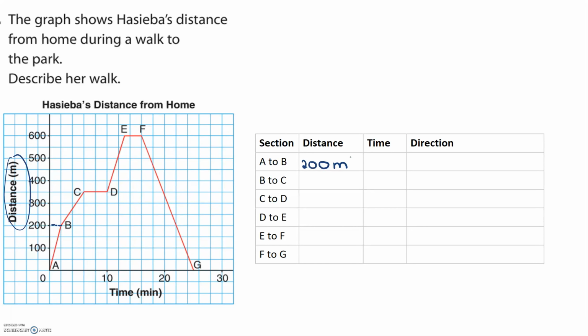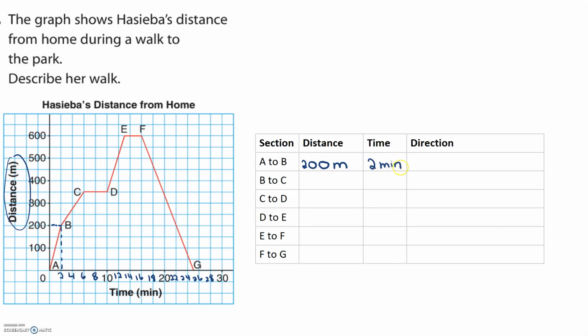So we have to figure out how this is scaled. It looks like it's by tens, but it's actually not. Once I come back down here, I have to figure out how this is scaled. So 2, 4, 6, 8, it's scaled by twos. You can go ahead and write that in if it helps you, just so I don't make any mistakes. So I know that Hasiba was walking 200 meters for 2 minutes.